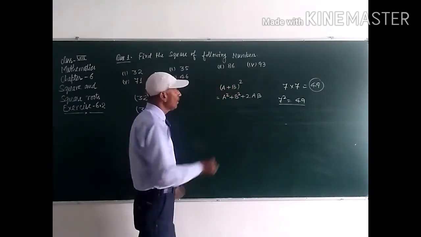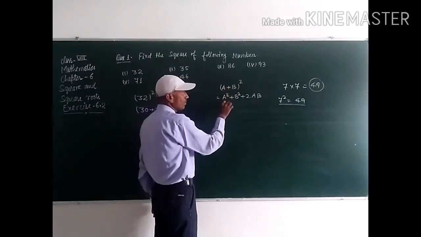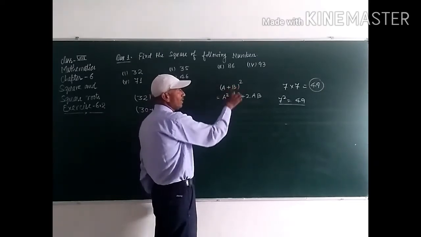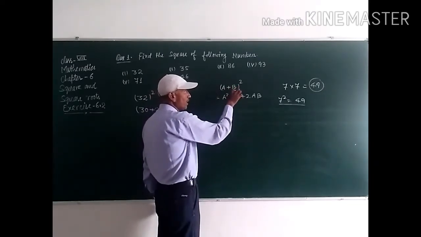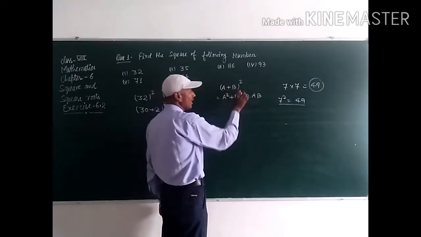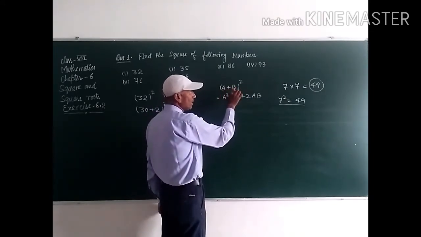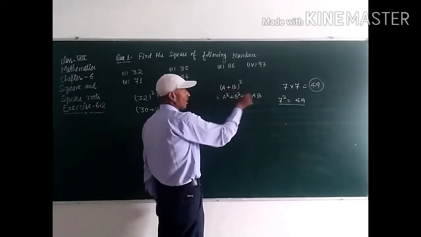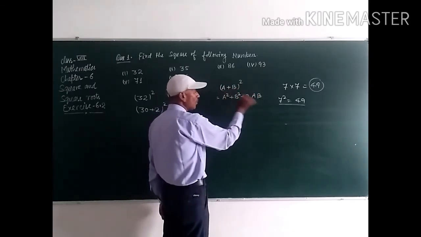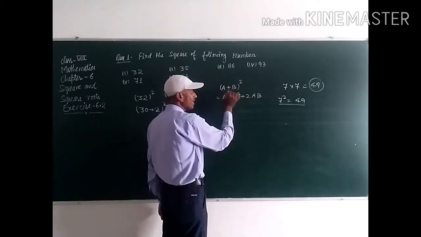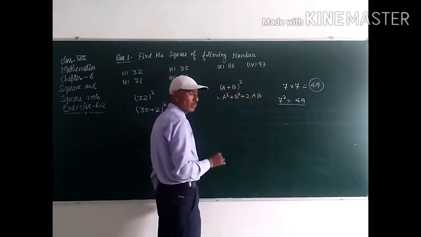So first of all, we have to square the first number, a square, then plus b square, after that plus 2 into a into b. In this part, we have to multiply both the numbers and by 2.